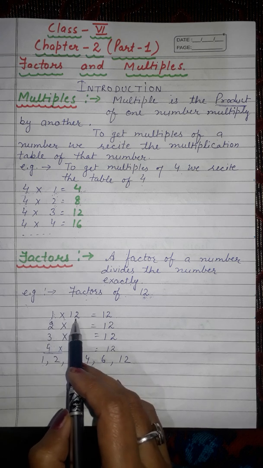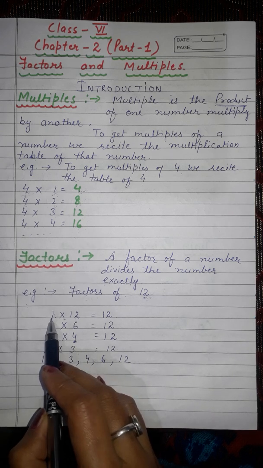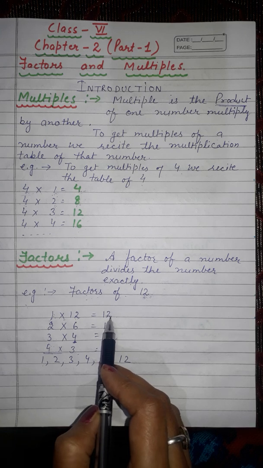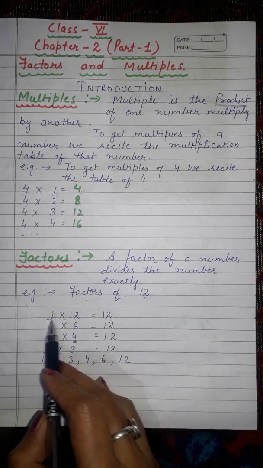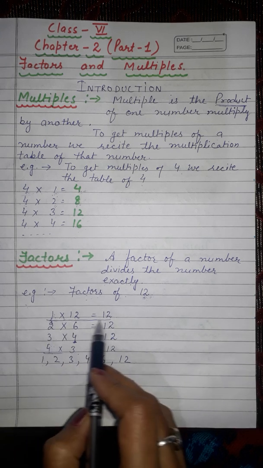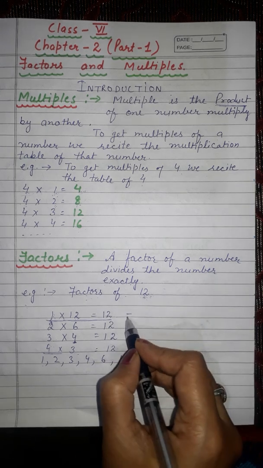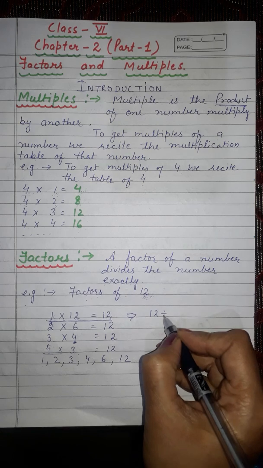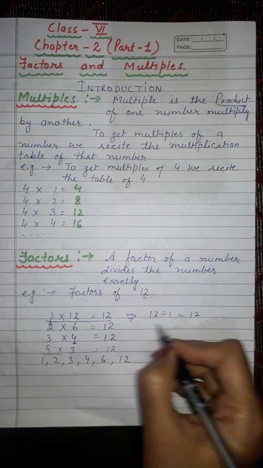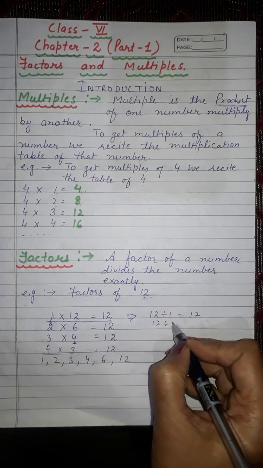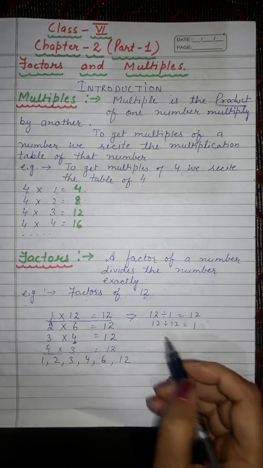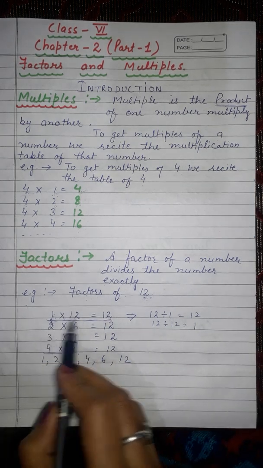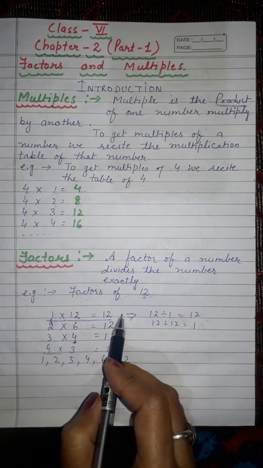1 multiplied by 12 means 1 is a factor of 12, and 12 is also a factor of 12, because one multiplication fact gives us two division facts. Here 12 divided by 1 is equal to 12, and 12 divided by 12 is equal to 1. So it means 1 and 12 both are factors of 12.